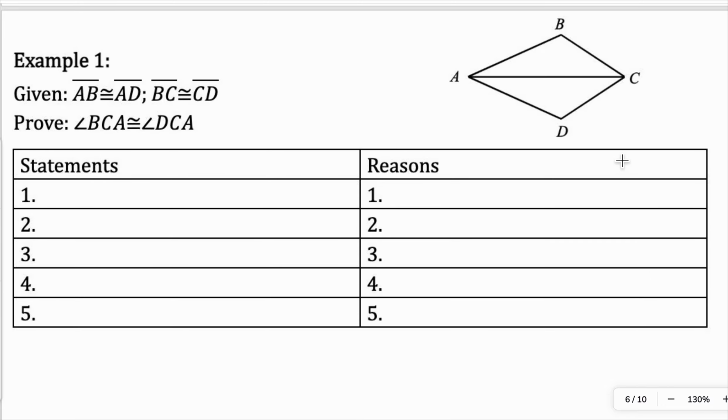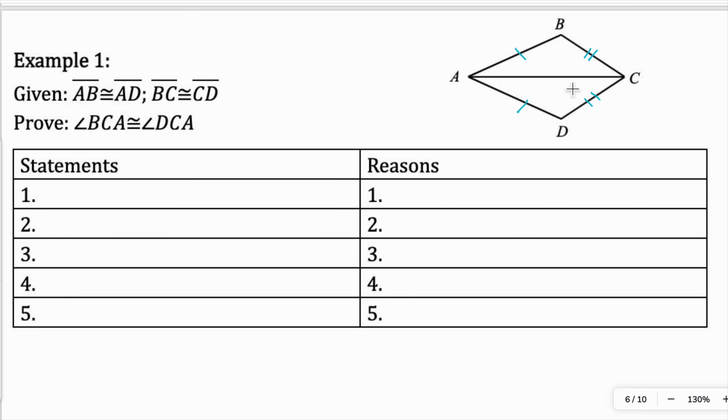We are given AB is congruent to AD and BC is congruent to CD. What I like to do first is give some tick marks so my brain can pay attention to what I know is correct. So AB is congruent to AD, and BC is congruent to CD.